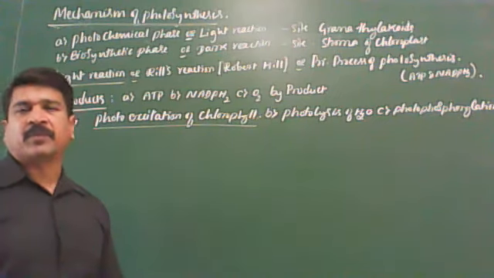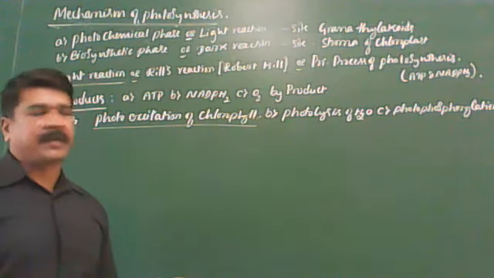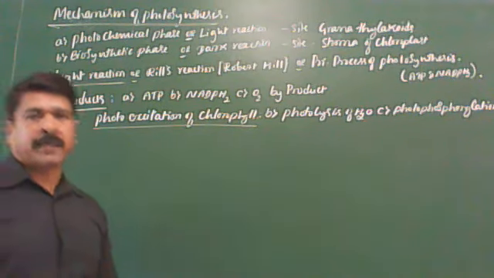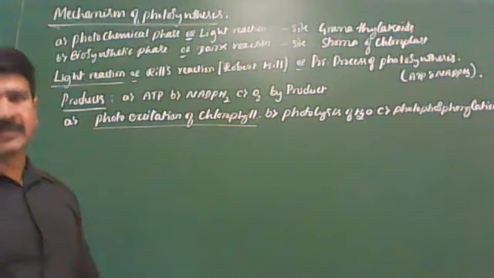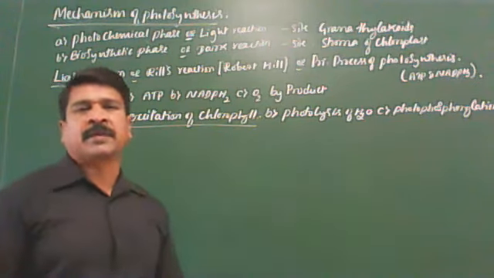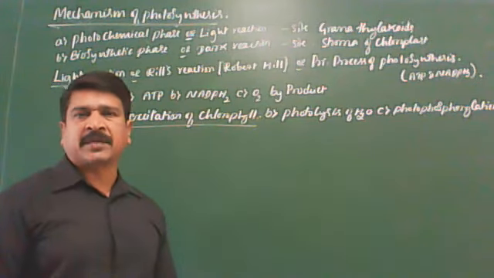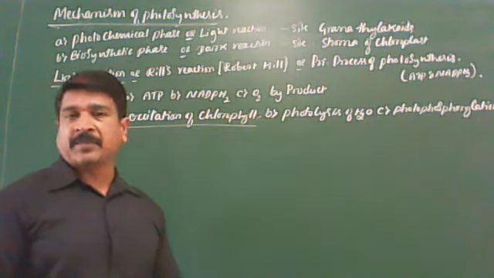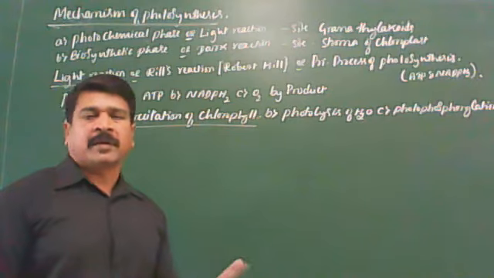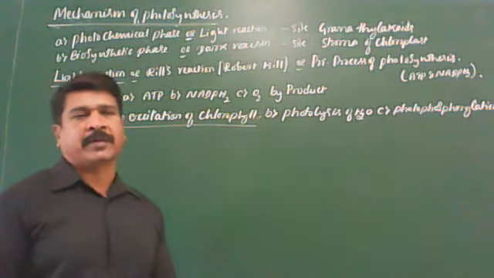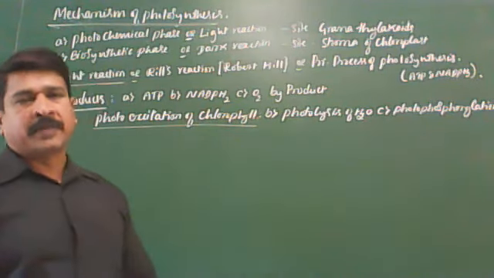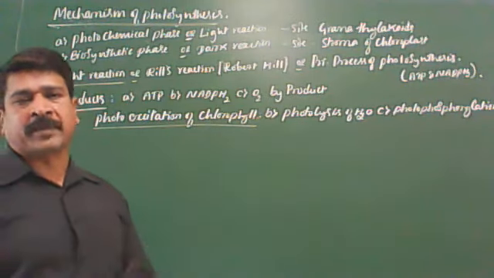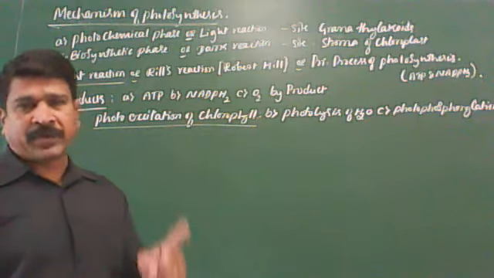We can take the example of chlorophyll A. Chlorophyll B, carotenes and xanthophylls are the accessory photosynthetic pigments, because they can trap the light energy but are incapable of converting it into chemical energy in the form of ATP. This is the one point we should recall.